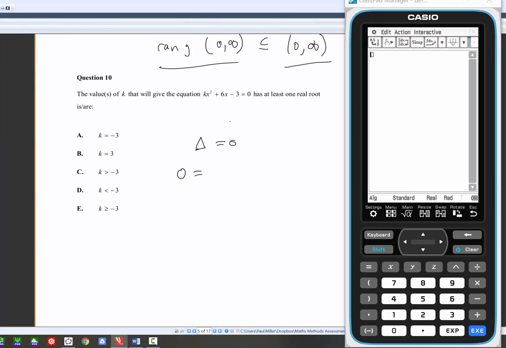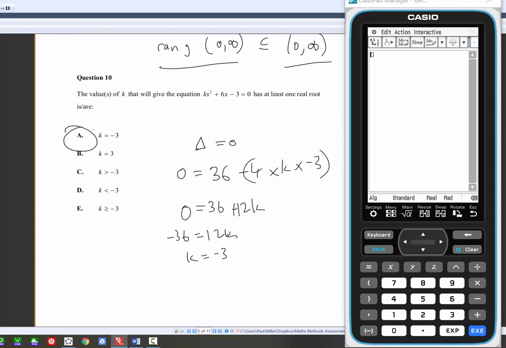We know 0 equals the discriminant, which is b squared, so it's 36, take away 4 times a times c. 0 equals 36, 4 times -3 is -12, plus 12k. Negative 36 equals 12k. k is equal to negative 3. There we are.